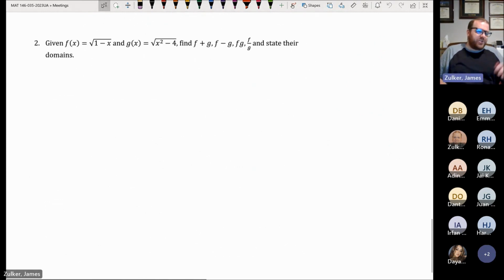So same thing we just did, just two different functions now. First things first, let's find the domains of these functions. What is the domain of f?